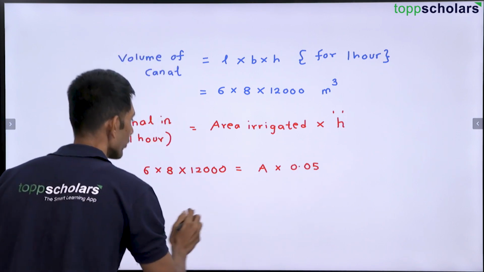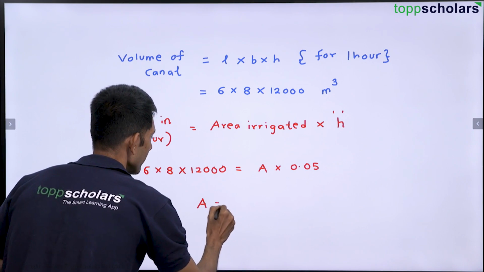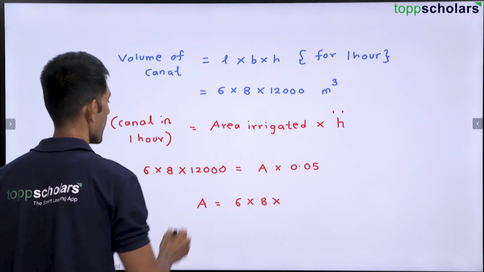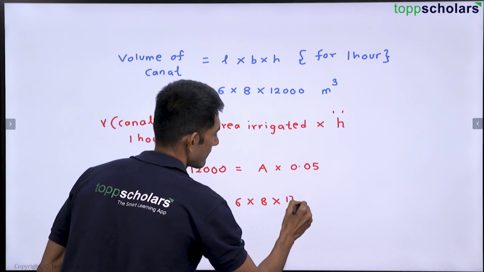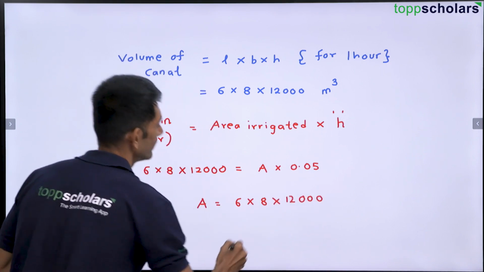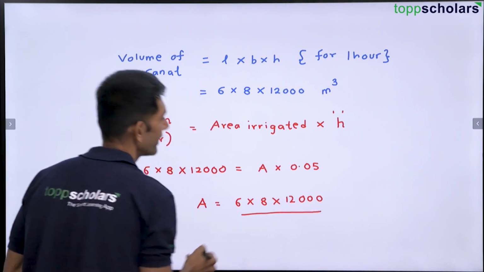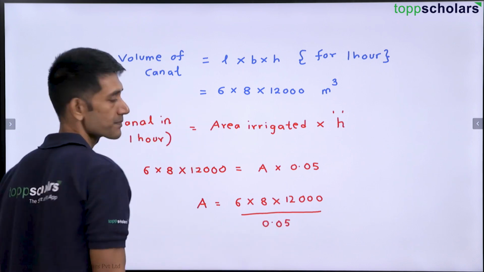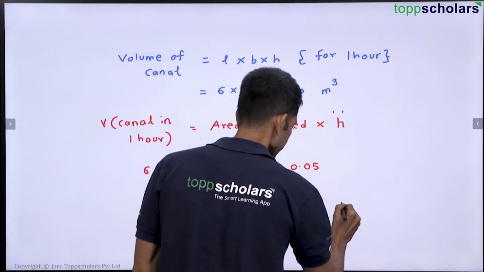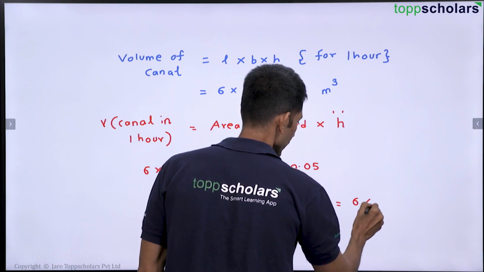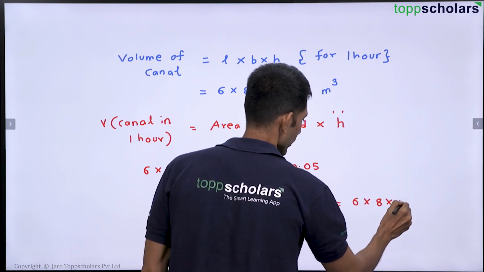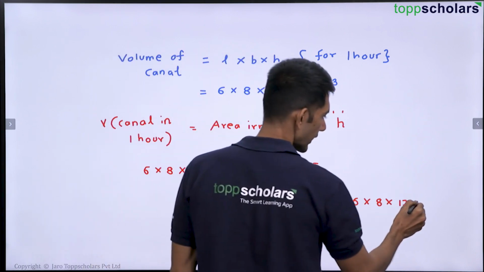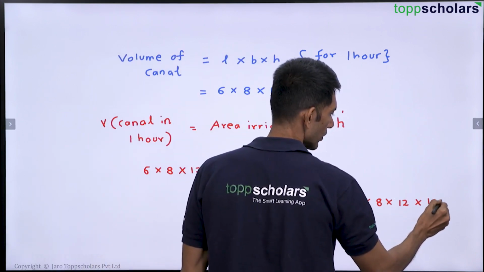So let us take 0.05 down. So can I say area will be equal to 6 into 8 into 12,000 by 0.05. So this becomes 6 into 8 into 12 into 1000.